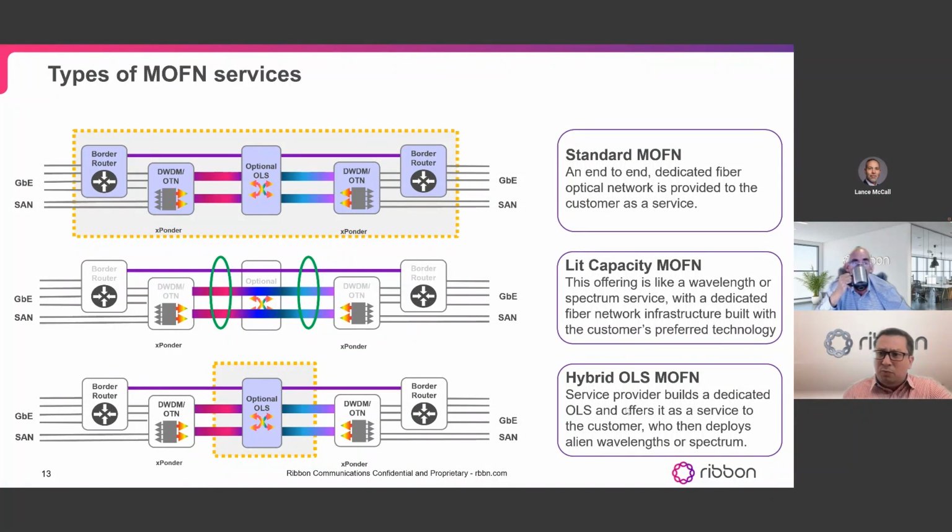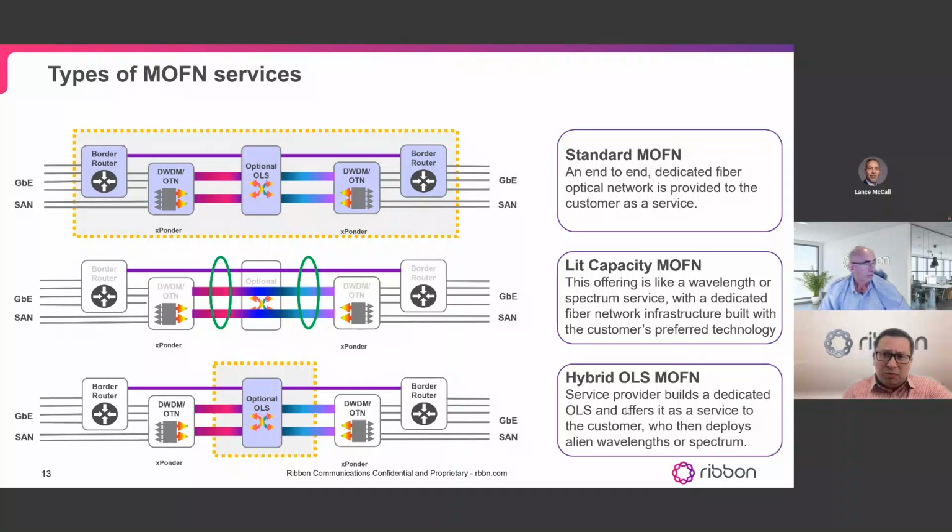For instance, you may want to have more flexibility with a lit capacity MOFN. You want that flexibility in choosing the technology that's lighting it at the end, or the technology that's providing the line system capabilities between that infrastructure, right? And so we're still providing the fiber infrastructure, but with the flexibility of the different types of technology vendors that are out there to provide the services.